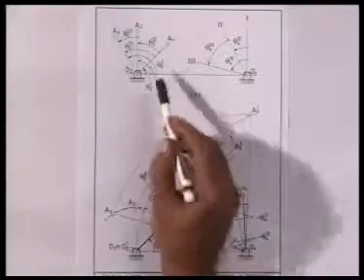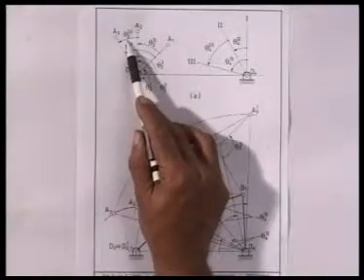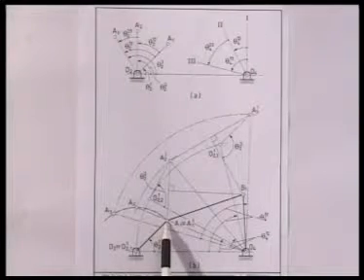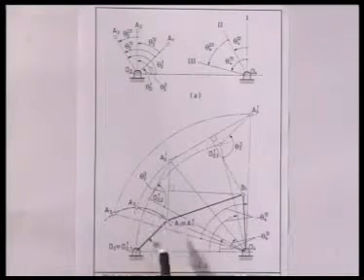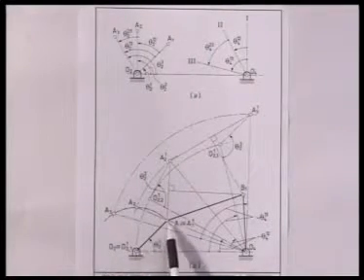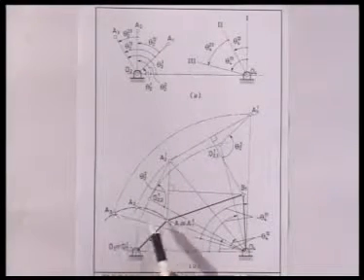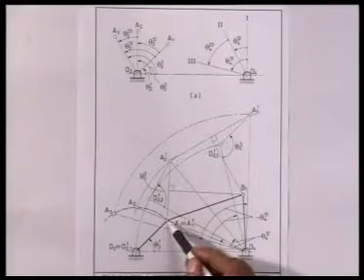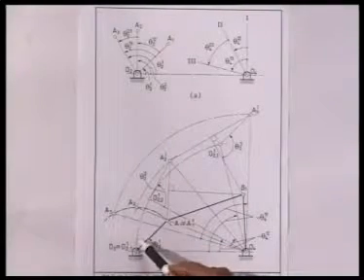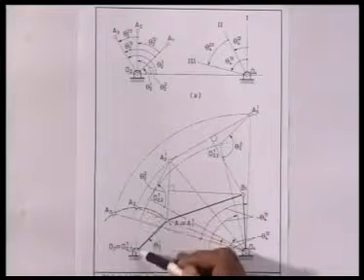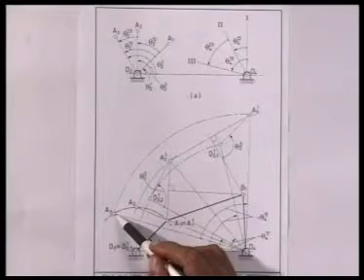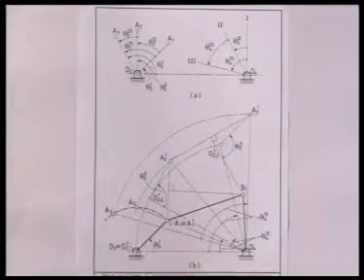Corresponding to this prescribed movement theta 2 1 2 and theta 2 2 3, A1 goes on this circle with O2 as center and O2 A1 as radius, and I can determine A2 and A3. This angle A1 O2 A2 will be theta 2 1 2, and A2 O2 A3 will be theta 2 2 3.